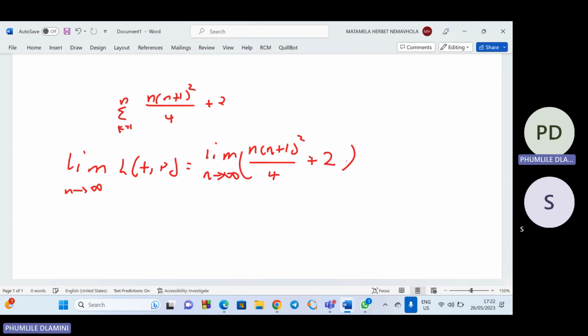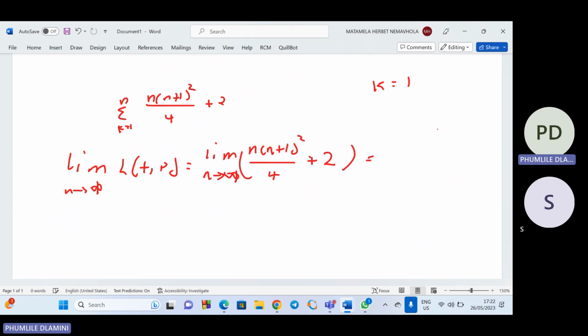In this limit here, we are given that our k is equal to 1. Because we are given that k equals 1, instead of this limit being infinite, we can use n equals 1.